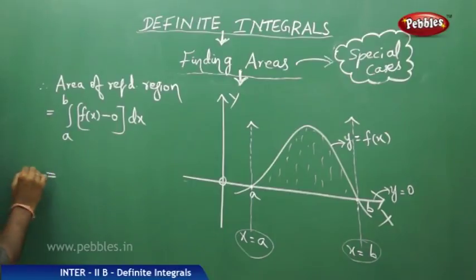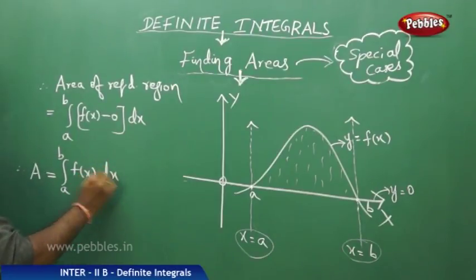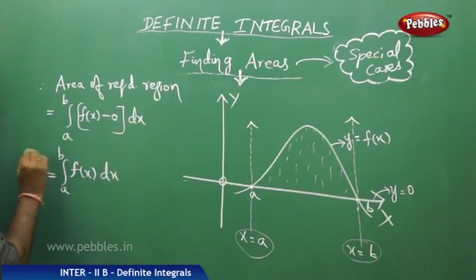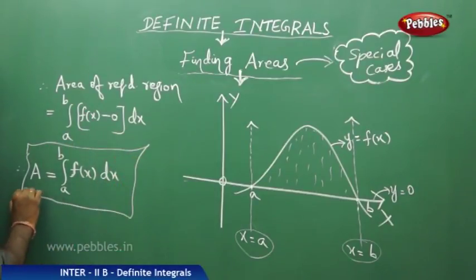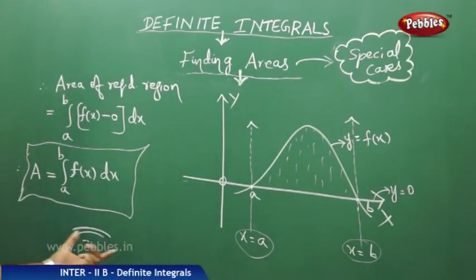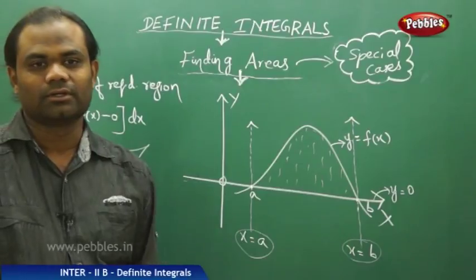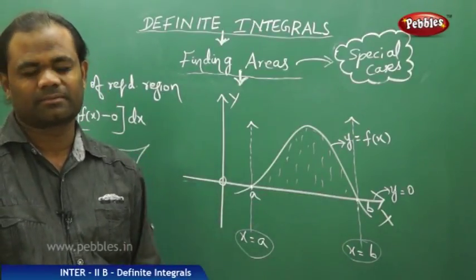That implies the area is the integral from a to b of f of x dx. This is how we identify the formula for the area of the shaded region using the bounds, indirectly using the x-intercepts.